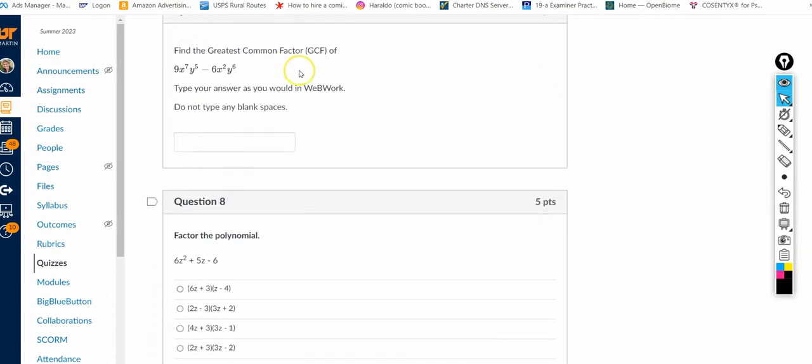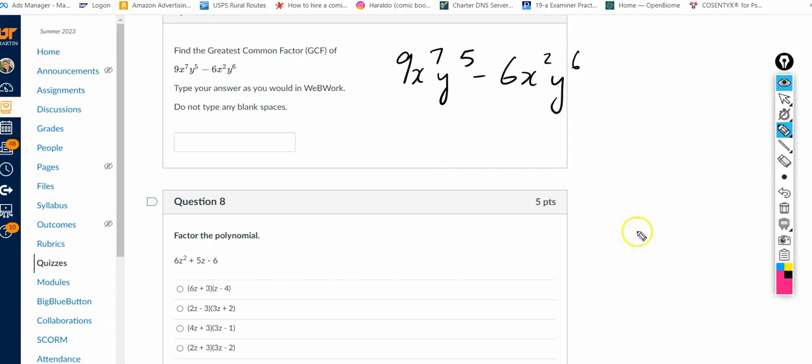Now we just want the greatest common factor, the GCF. All right, well, let's look at the numbers. What is the most that these numbers have in common?